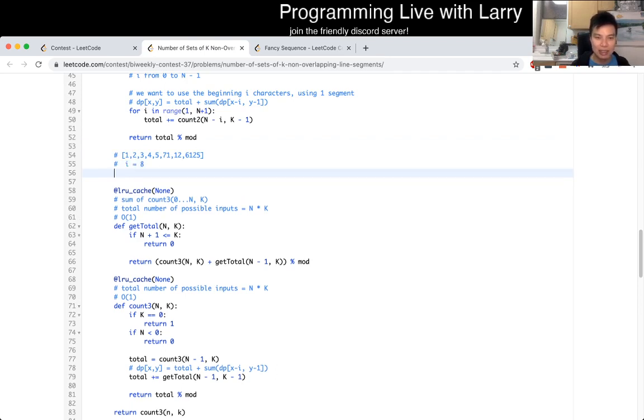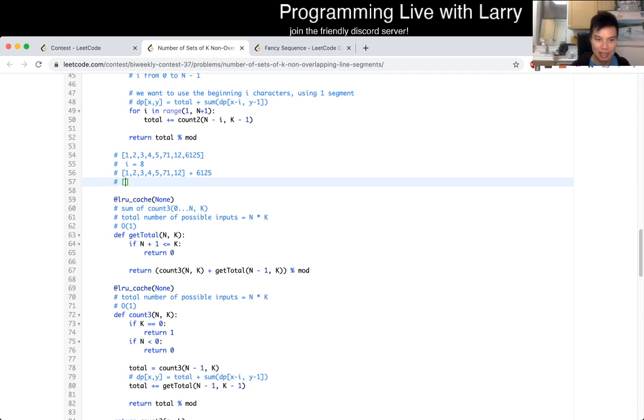If you look at the recursion, then it's just the sum of this plus 6125, which is equal to the sum of this plus 12 plus 6125 and so forth, right? So that's kind of the idea that I have for this prefix sum.